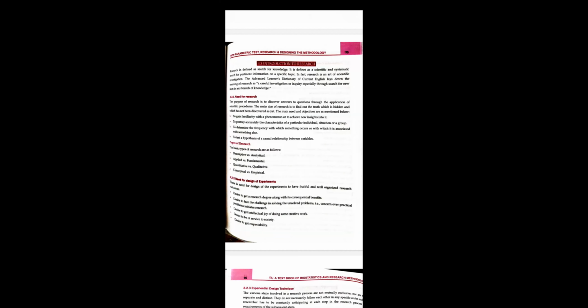Third one is the Kruskal-Wallis test. These are the three tests we learned in the previous classes, and these three tests are used for non-parametric testing.